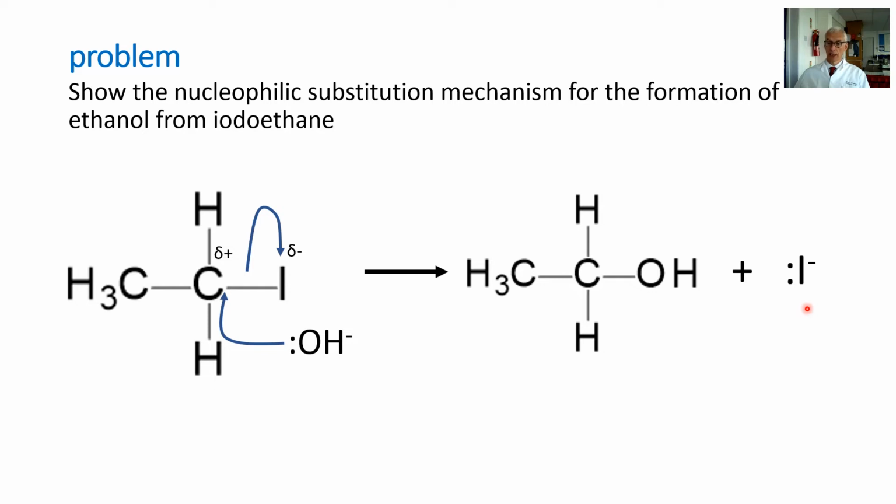That is a common error. The iodide ion should have marked on it, as I'm indicating with the laser pointer, a lone pair of electrons. If you didn't get that right, I suggest you just scroll back and do that problem again.